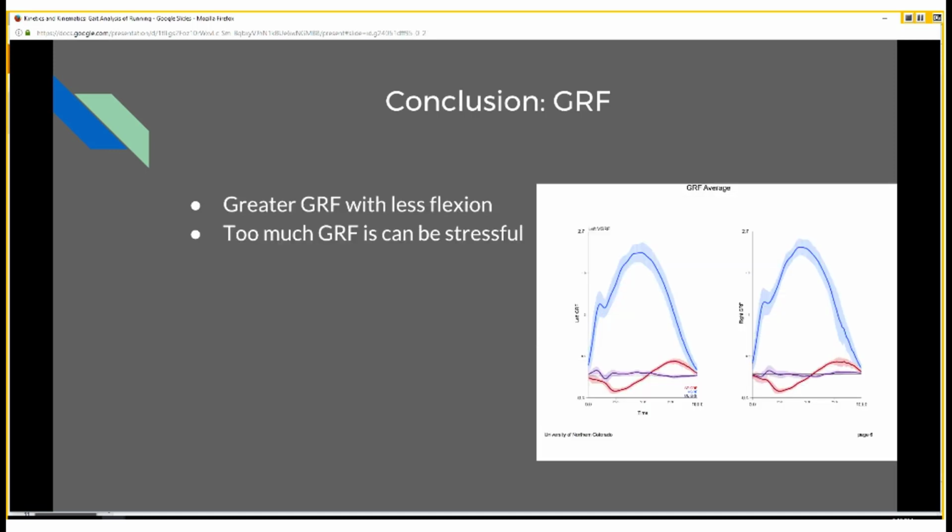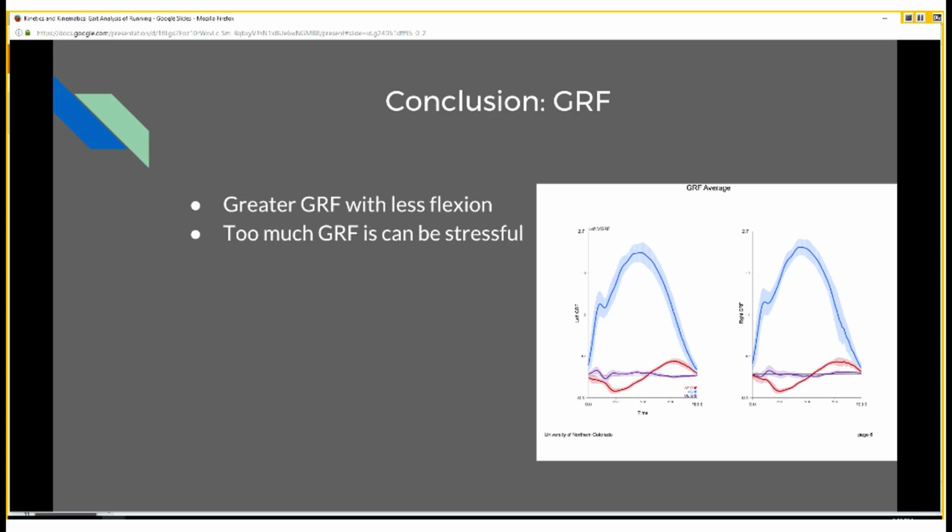So, as you can see, this is the right leg on the right of this graph, and this is the left leg. As you can see, the right leg is slightly higher, the forces are slightly higher than the left leg, and this is due to the asymmetry in the angle of the ankle and the knee.